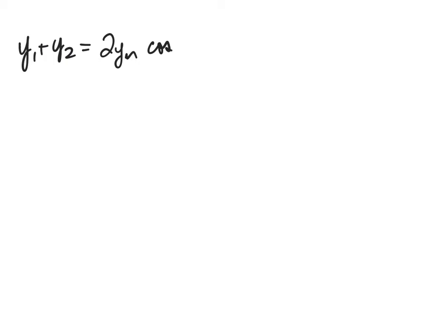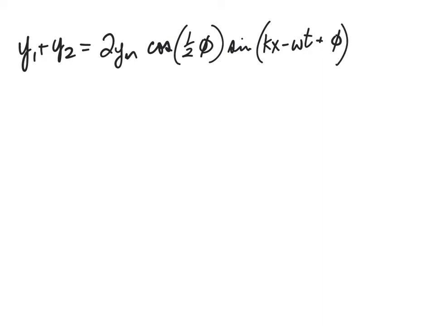The alpha minus beta part was just 1/2 of that phase shift, and then the sine thing was kx minus omega t plus the shift. All right? And so this really is y as a function of x and time.